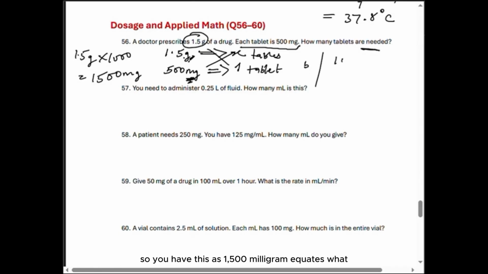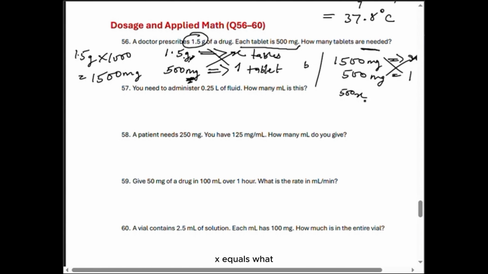So you have 1500 milligrams equates to x, and 500 milligrams equates to 1. Cross multiply this. And so you have 500x equals 1500. x equals 1500 divided by 500, which is 3 tablets.